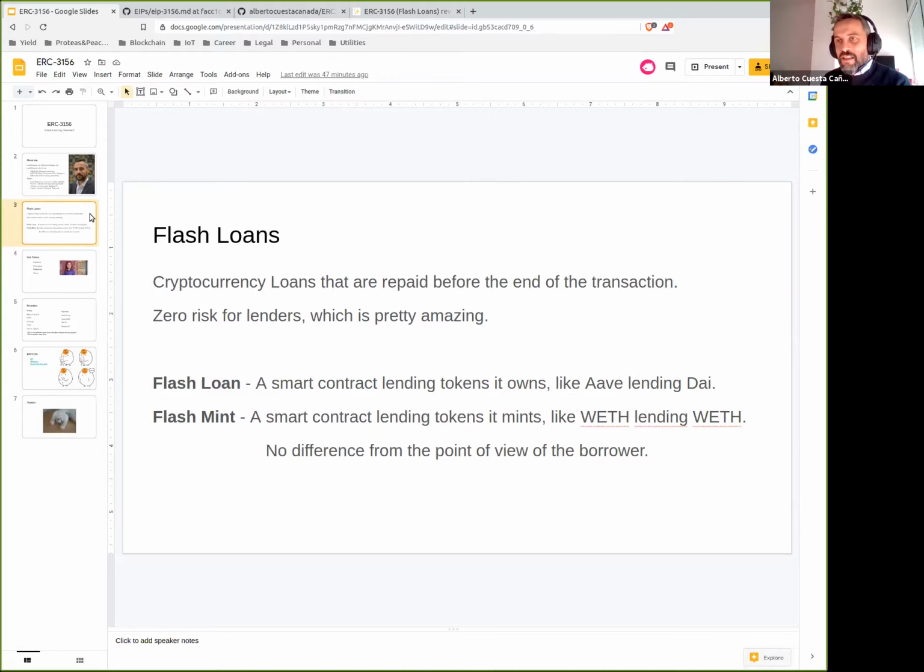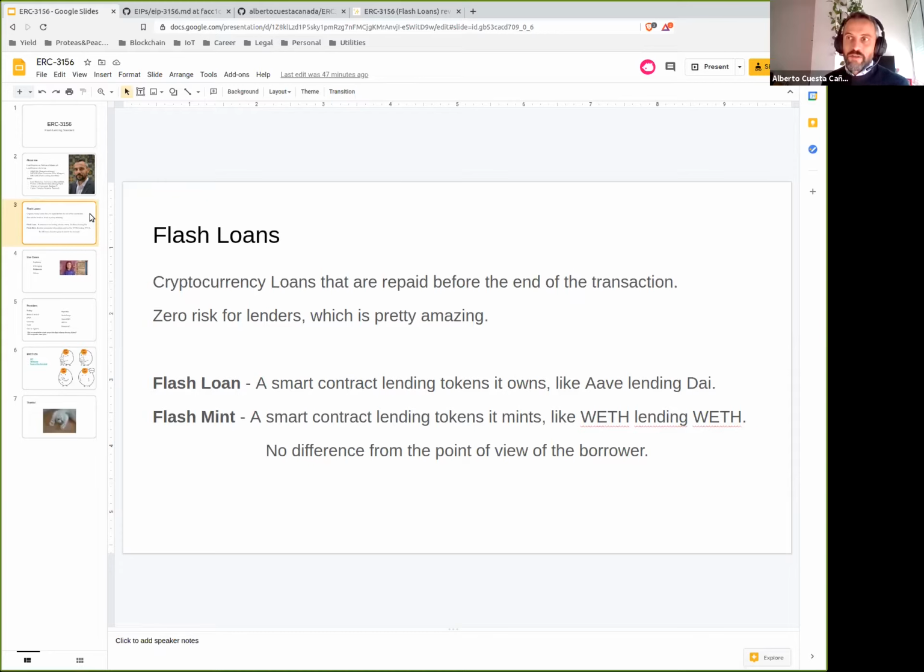I'll explain what that is useful for, but I'll explain first why that is so amazing. The 15-second loan that is repaid within an Ethereum transaction is actually amazing because it means that there is 0 risk for the lender to lend that money. When lenders lend us money, they need to have some kind of guarantee that we are going to repay the loan.